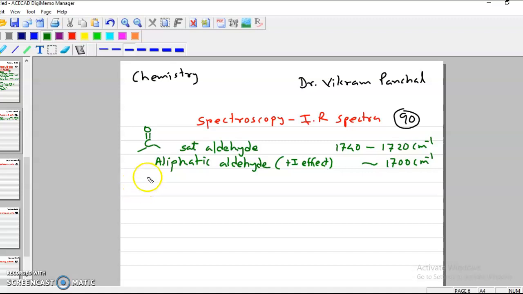In case of aromatic aldehyde, the signal is nearly 1700 cm⁻¹, and this is due to conjugation.